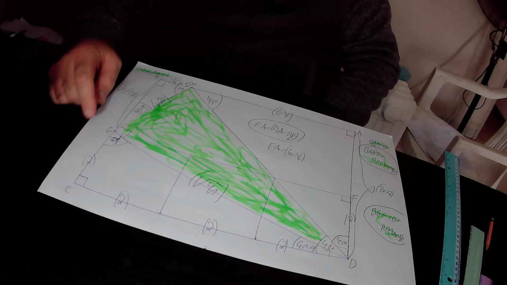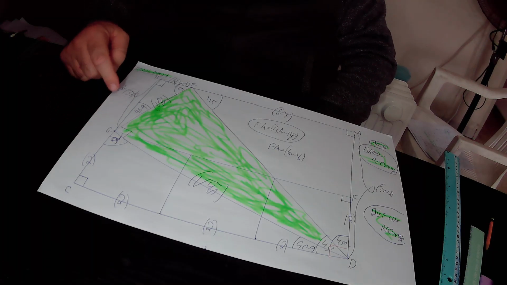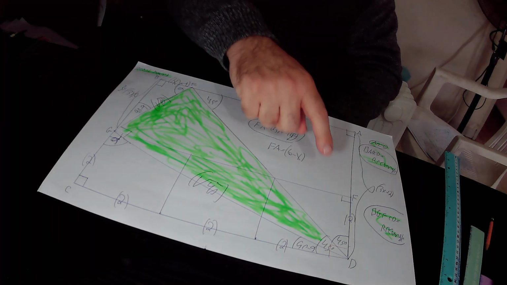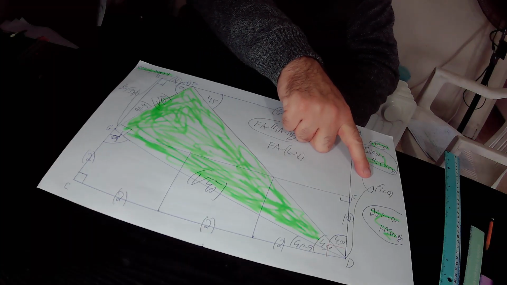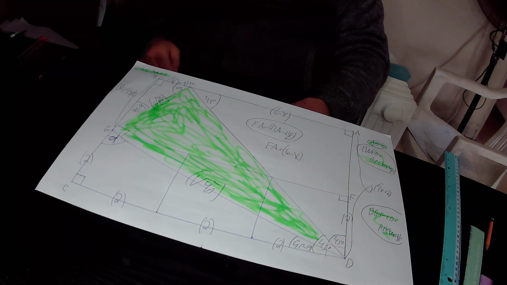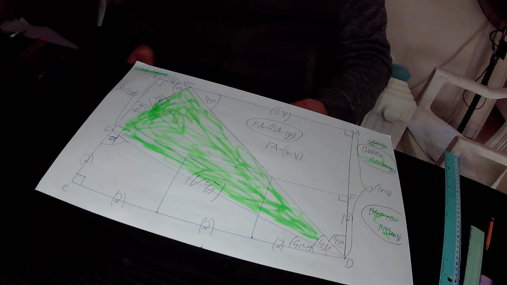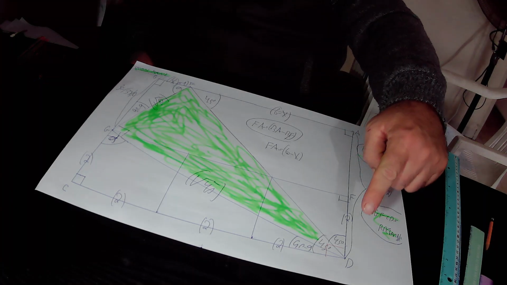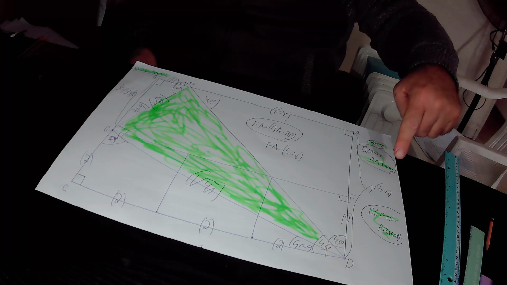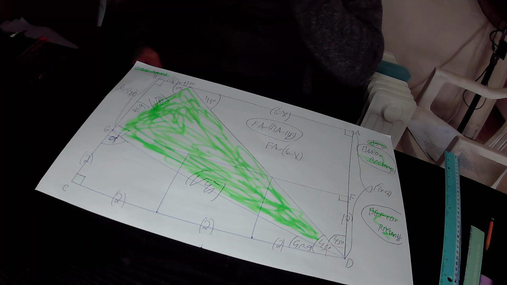But BC in total is 3x plus 2, therefore double side AD must also be equal to 3x plus 2 in its length. So AD must also be equal to 3x plus 2 in its length.